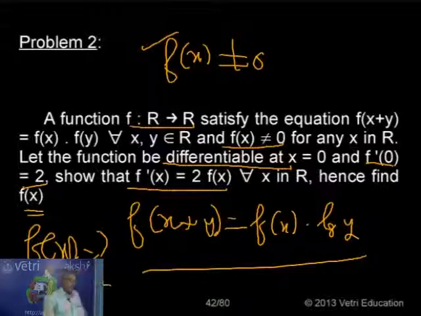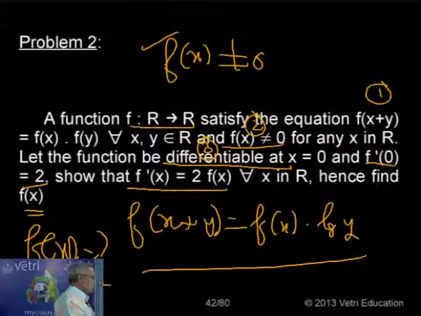I repeat again. A function from real number set to real number set satisfies condition number 1: f of x plus y is equal to f of x, f of y, and f of x not equal to 0. Second condition, the function is differentiable. Third condition, f dash 0 is equal to 2.